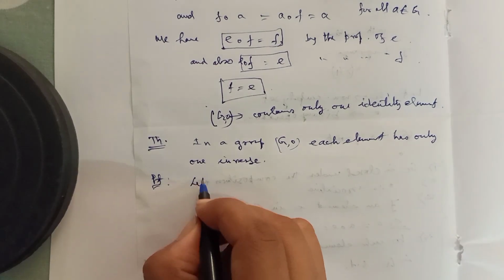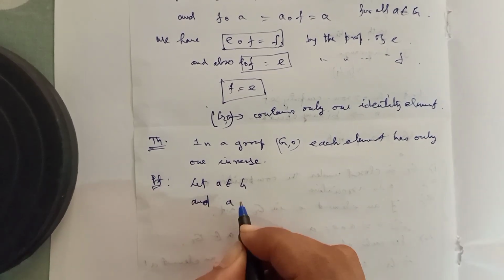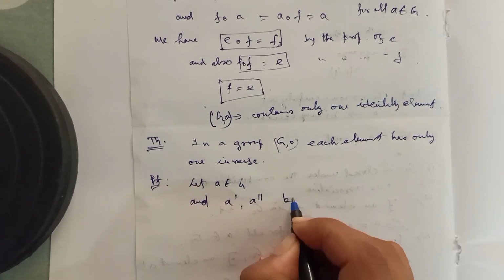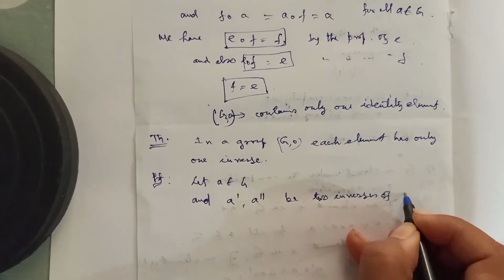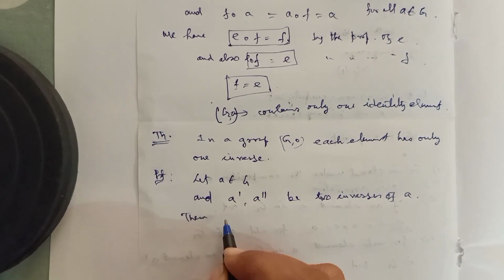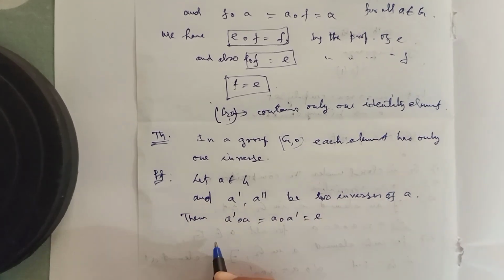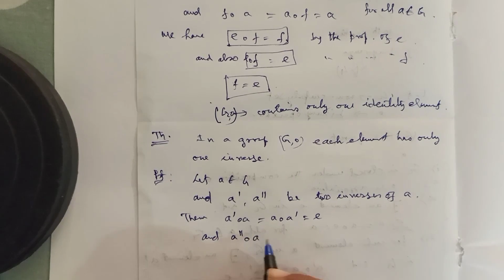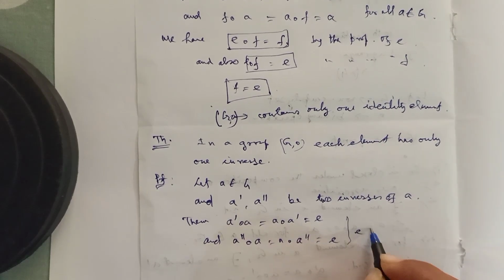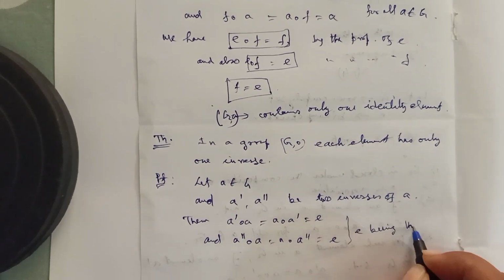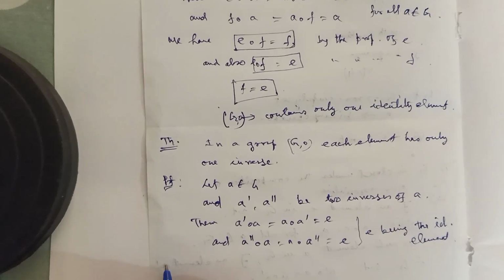Proof: let A belong to G, and let A dash and A double dash be two inverses of A. Then A dash compose A equals A compose A dash equals E, and A double dash compose A equals A compose A double dash equals E, where E is the identity element.